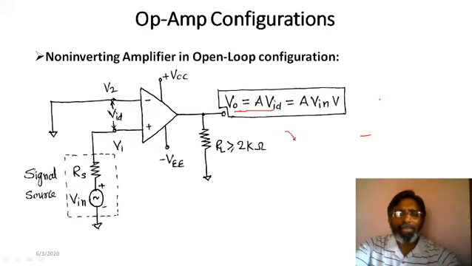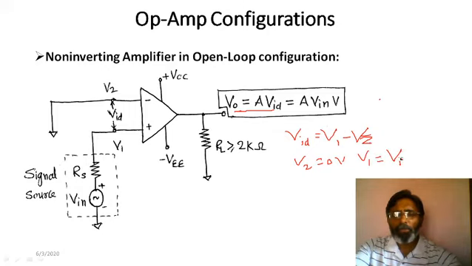Same, VID is equal to what? V1 minus V2. Okay. So here V2 is 0 volt, V1 is equal to V in volt. So if I put V1 in this case, my VID will be equal to V in.